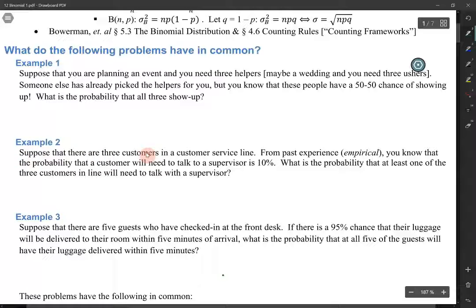Okay, so another example. Suppose that there are 3 customers in a customer service line. From past experience, say from empirical studies, you know that the probability that a customer will need to talk to a supervisor is 10%. So 1 in 10 cannot be handled by the frontline customer service representative and needs backup. So how likely should you have a manager on hand?